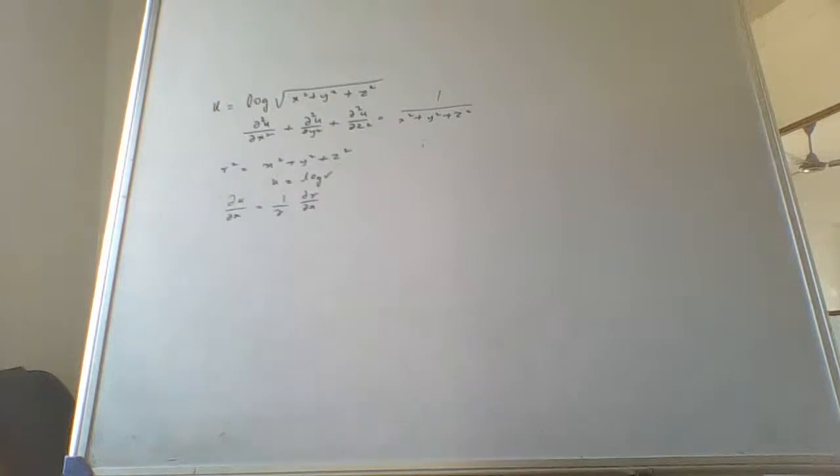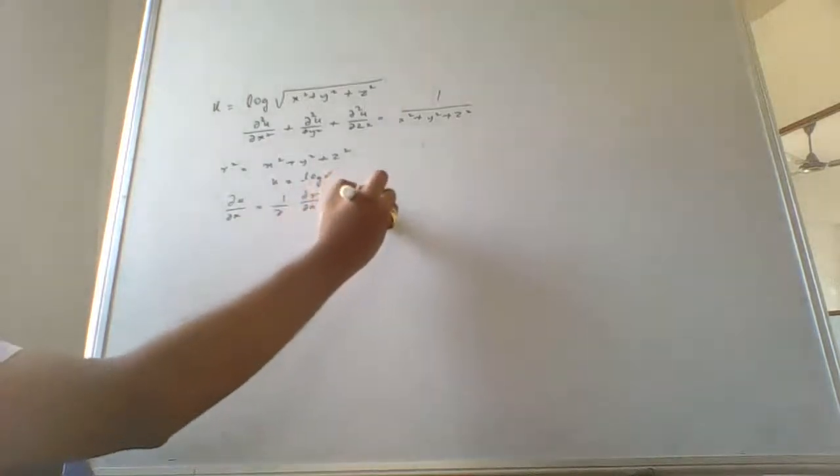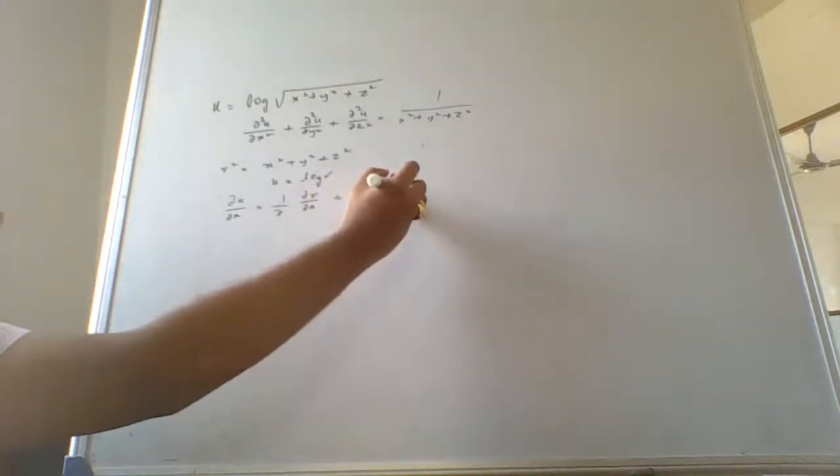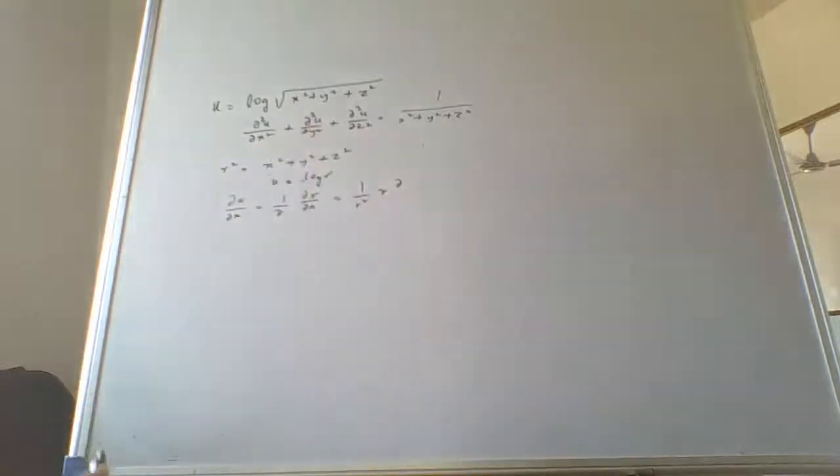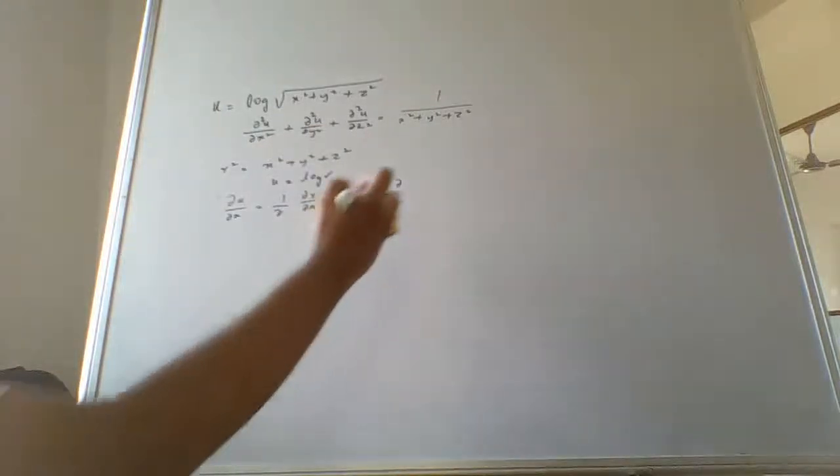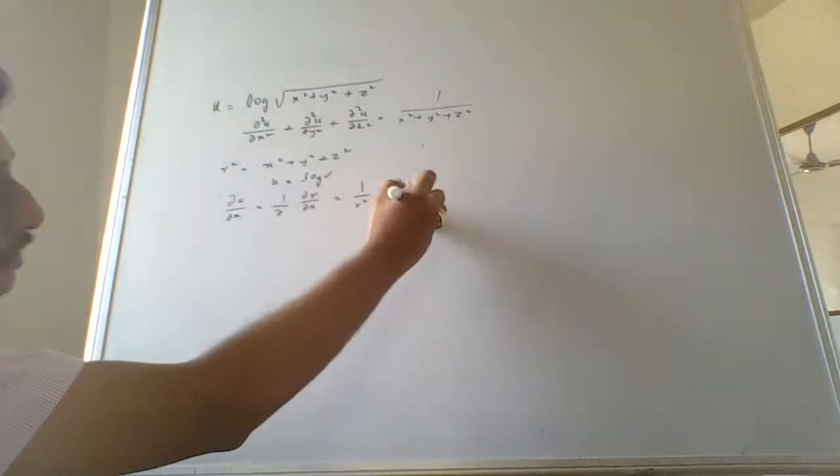Okay, I get this. Now once we get this result, let us substitute by multiplying and dividing by r. So I get 1 by r square, into r, into dou r by dou x.